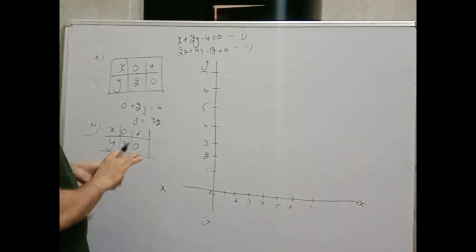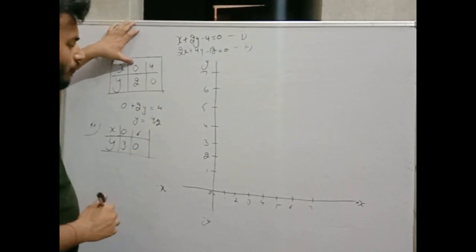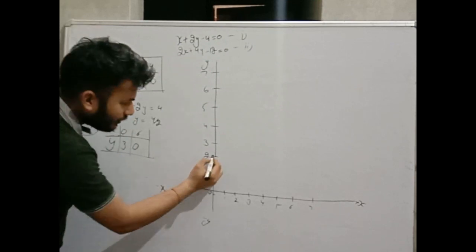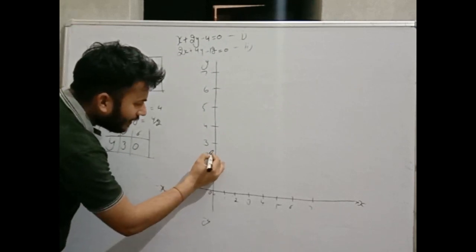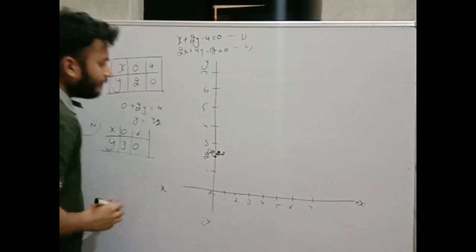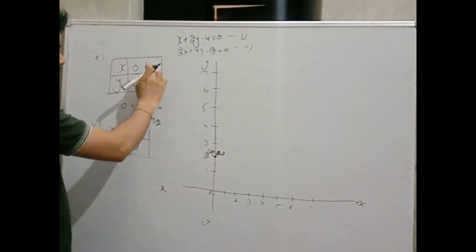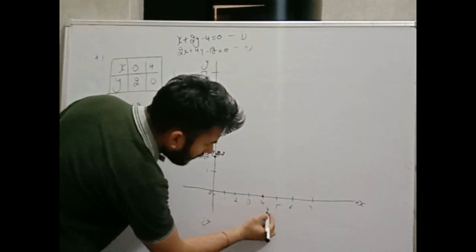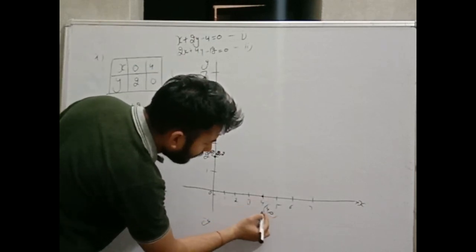Now to represent the first equation, x 0, y 2, find the point where x is 0 and y is 2. This is x 0, y 2, and x 4, y 0. Here x is 4 and y is 0.